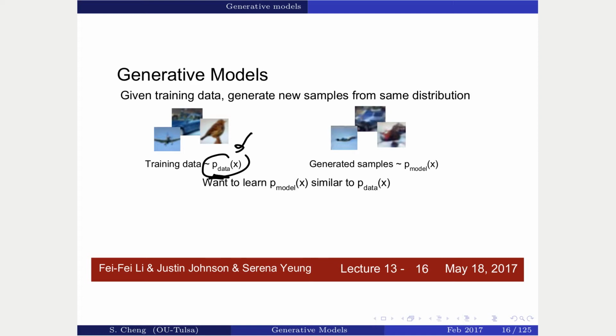If I have some x that is in the training data, then p of x should be big. If x is not in the training data, it gives me a small value. I can also generate a sample from another distribution, this p model distribution. So what we want is to train this p model to be similar to the p data, the data that we observe.